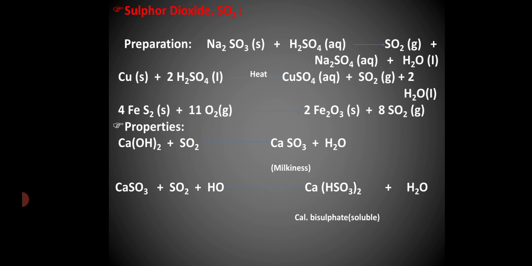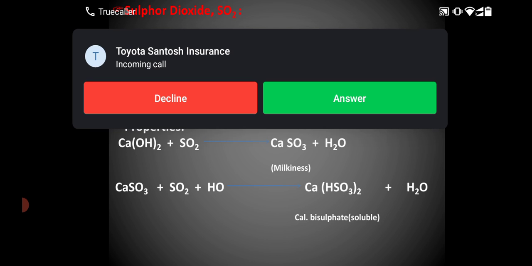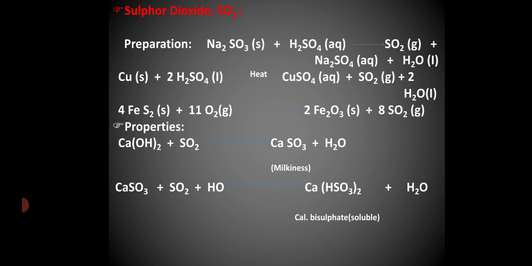The superheated steam melts the sulfur, and the hot compressed air creates pressure, so the molten sulfur comes out through the middle pipe in the form of sulfur froth. This is called the Frasch process, by which we prepare sulfur.